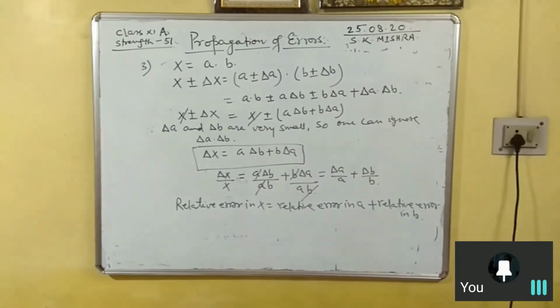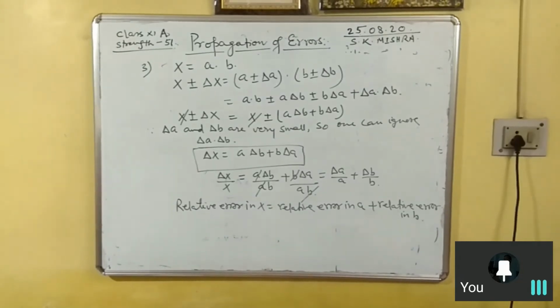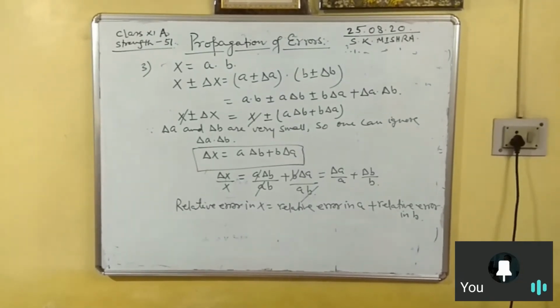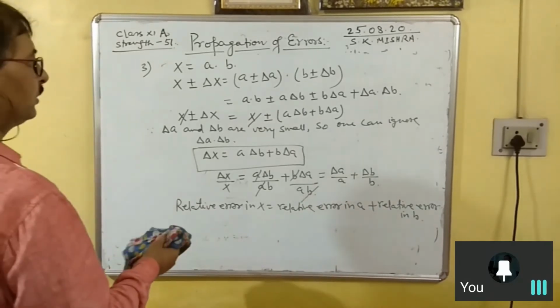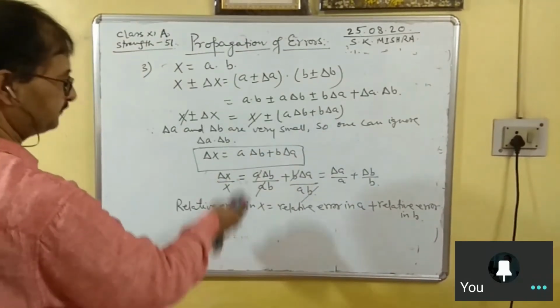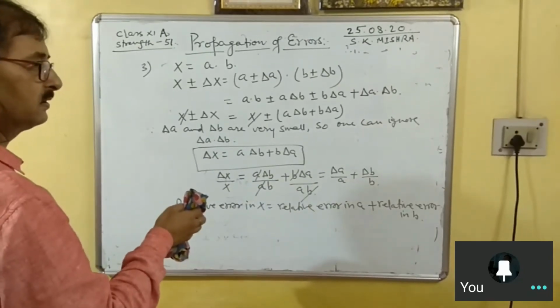The fourth part is x is equal to a by b, if a physical quantity is the division of two quantities. So now I'm going to rub this part. Should I rub it?